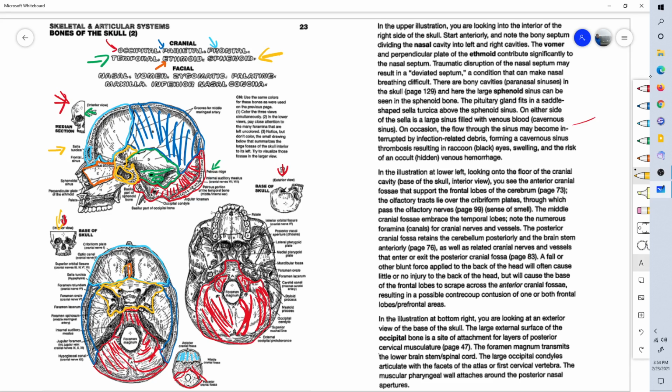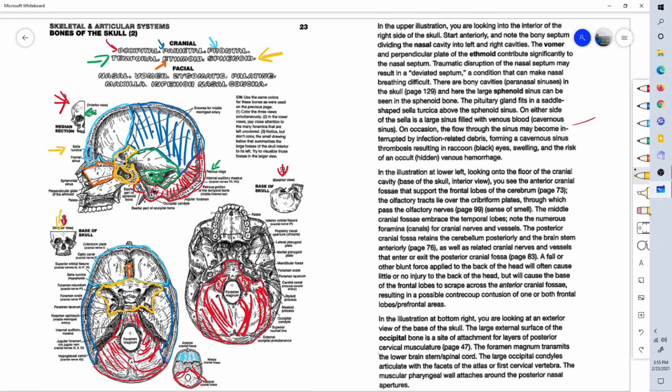Let me get rid of some of that. There we go. Here you can see the sphenoid bone is anterior to the occipital bone, and it's posterior to the frontal bone, medial to the temporal bone.